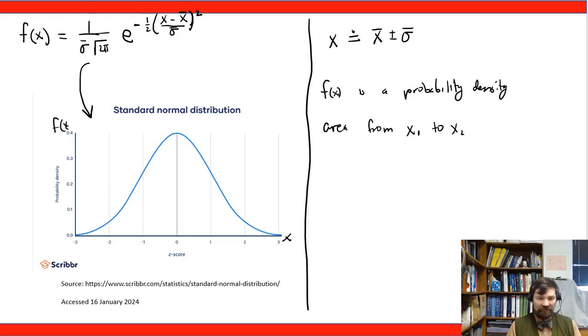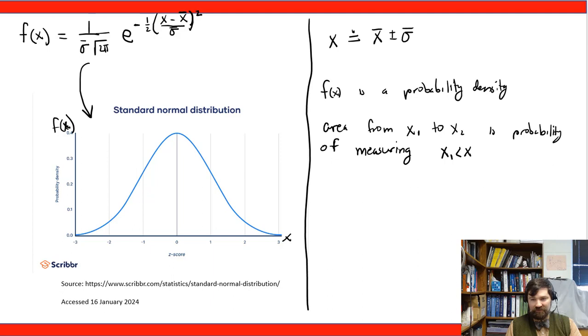This is your f of x-axis. Area underneath that curve is the probability of measuring the thing that you're trying to measure and getting a value between x1 and x2. So basically x1 less than x less than x2.